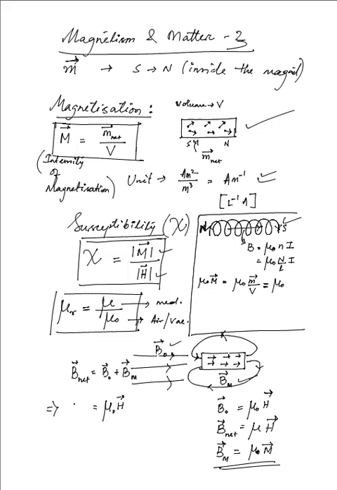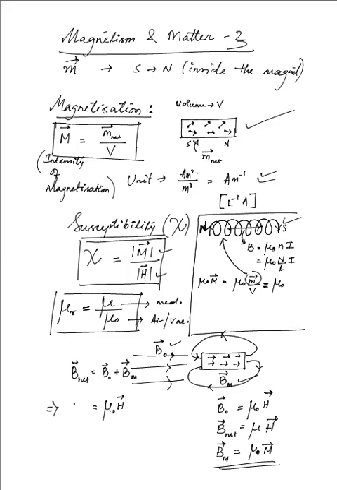Now the dipole moment of the dipole in this solenoidal arrangement, as I said, the solenoid behaves as a magnetic dipole. The dipole moment in this case is not the general formula that we just studied in the previous video.